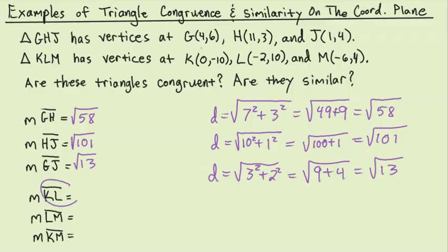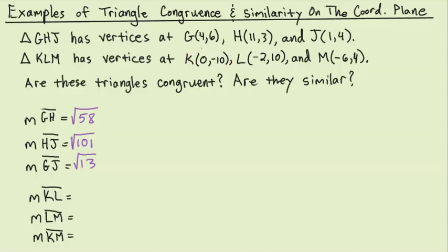Now let's go to the other triangle. We're going to do KL. All right, so K is at 0, negative 10. L is at negative 2 and positive 10. So the distance there is going to be the square root of, well, how far is it from 0 to negative 2? Well, it's 2 units away, so that's 2 squared plus. How far is it from negative 10 up to 10? Okay, that's a long distance. Negative 10 to 0 is 10, and then 0 up to 10 is another 10, so that's 20 units.